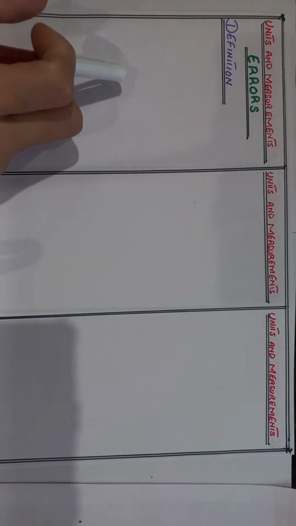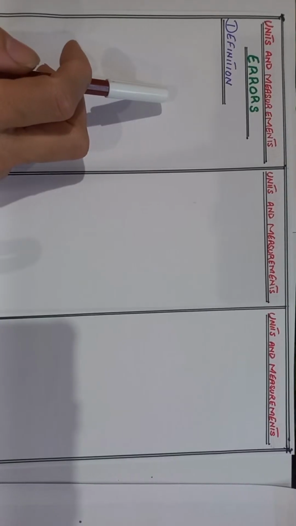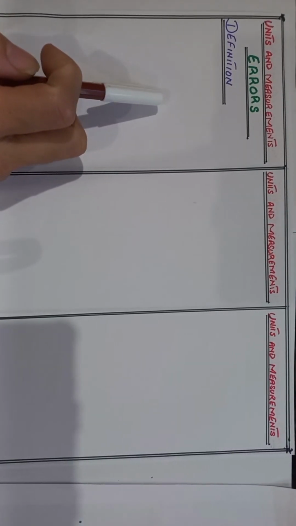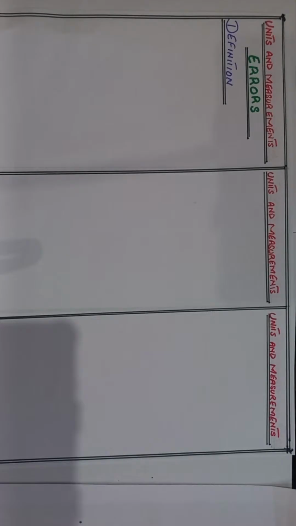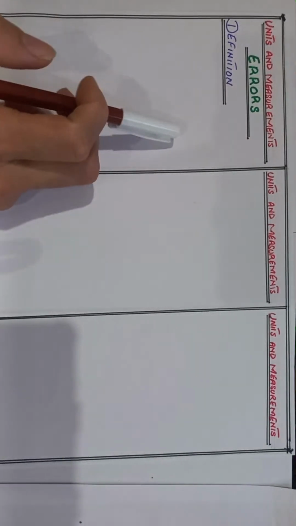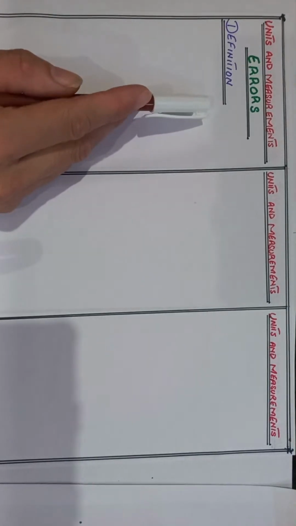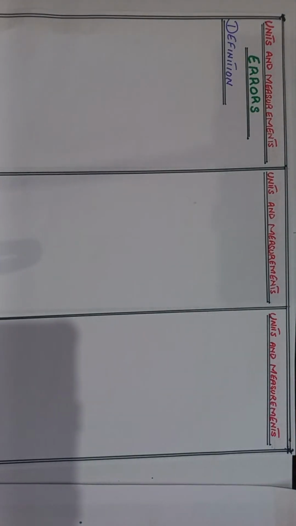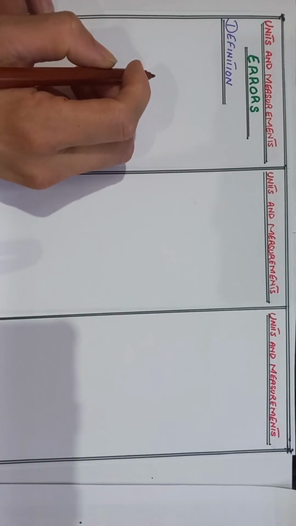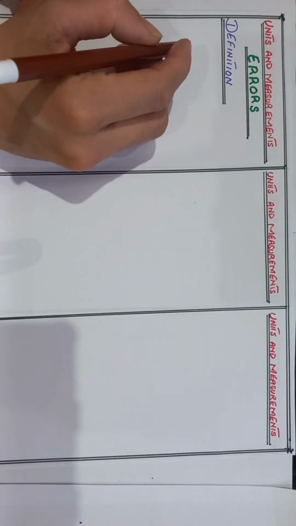Error is the doubt that exists about the result of any measurements. Even the most careful measurements include a margin of doubt because no instrument or observer is perfect. So here we write the definition of error. What is error?